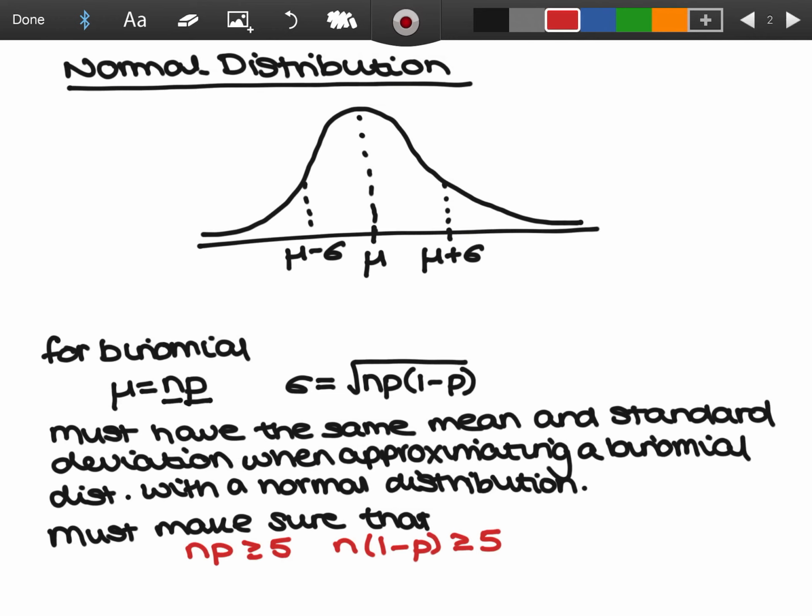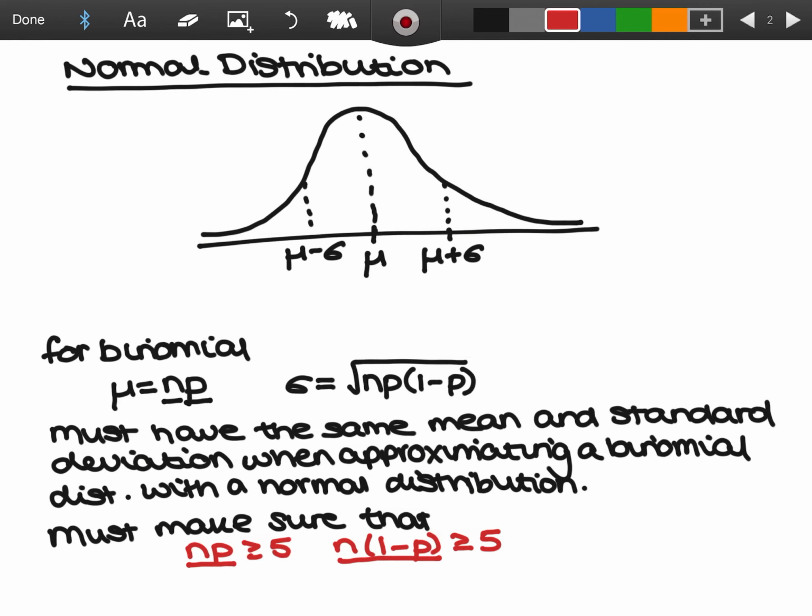What this does is it makes sure that you've got enough data points, so enough trials, and a high enough probability of success for this thing to actually work out. So this is the number of trials times the probability of failure, the expected number of failures. You would like both of those to be at least 5 to give you a reasonable approximation.